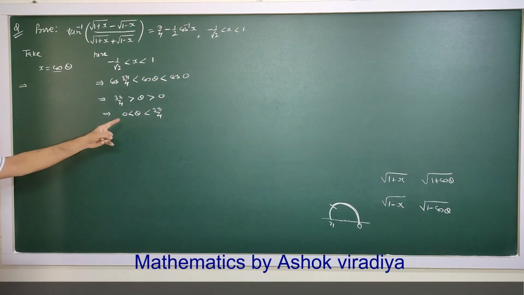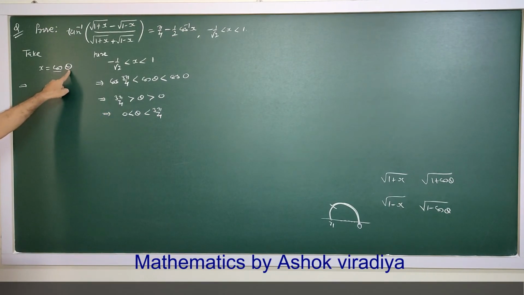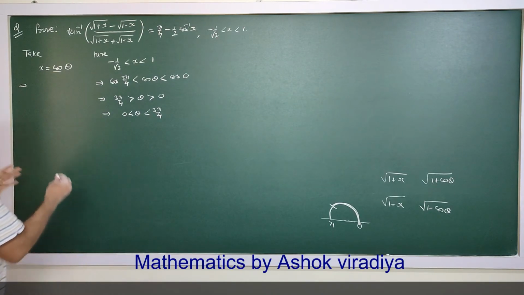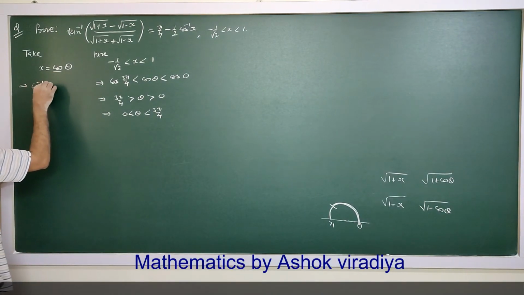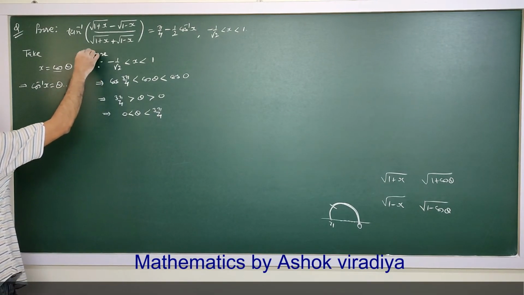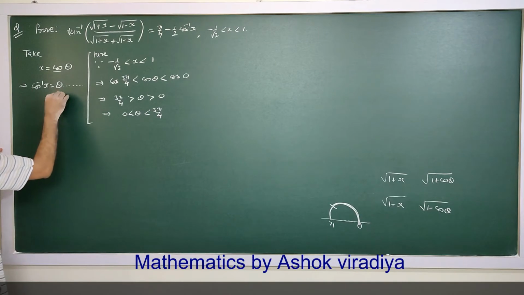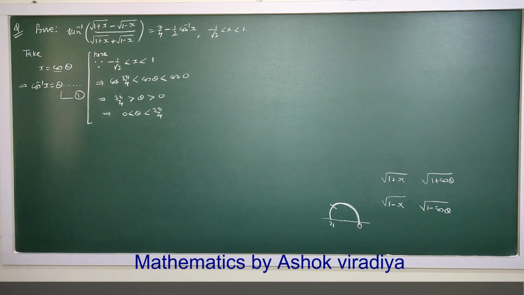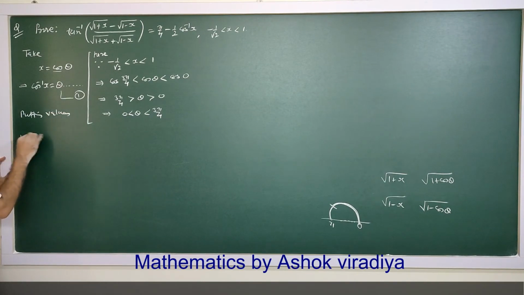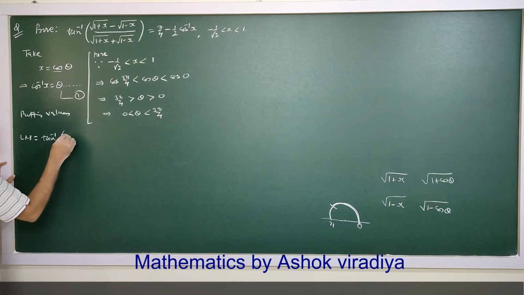And now you can see theta is in the domain of cosine. So therefore cos inverse x equal to theta. Reason for this step is shown inside, and we say this is 1. So therefore putting values in the left hand side, LHS is, we copy LHS as it is.